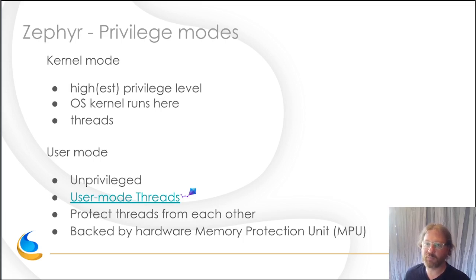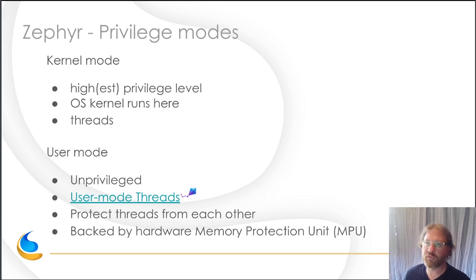One of the concepts of Zephyr that'll be familiar to Linux users is the notion of privilege mode. So Zephyr, just like Linux, has kernel mode and user mode. Except, unlike Linux, Zephyr's user mode is actually optional. So you can run everything in kernel mode on the types of cores that don't have any privilege separation.